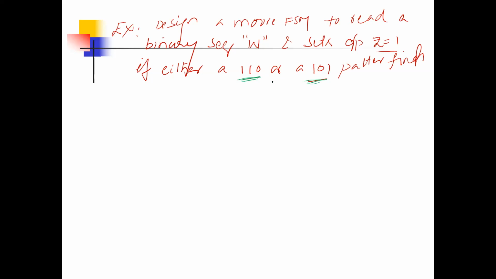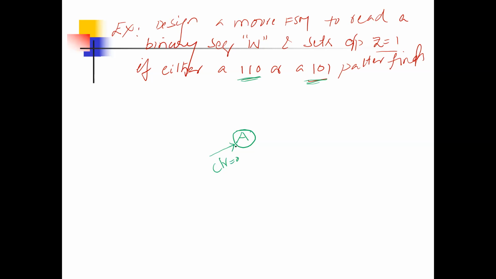For that, first of all, I will start with one state, let us say state A. When I am here, state A, this is the clear signal CLR. Whenever clear is 0, it starts from A, the first state.